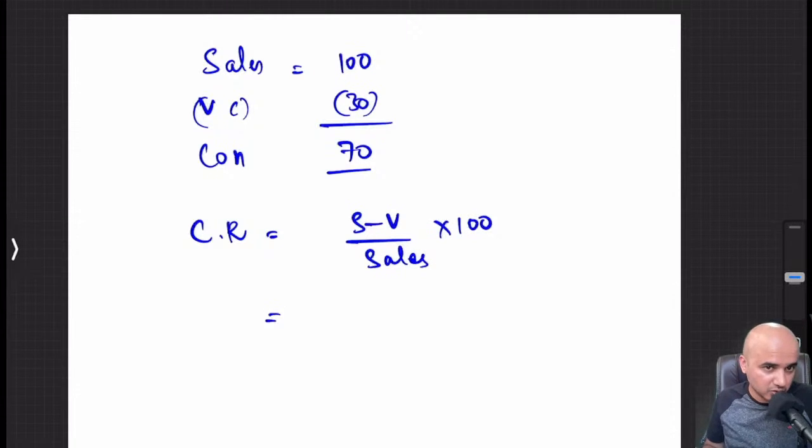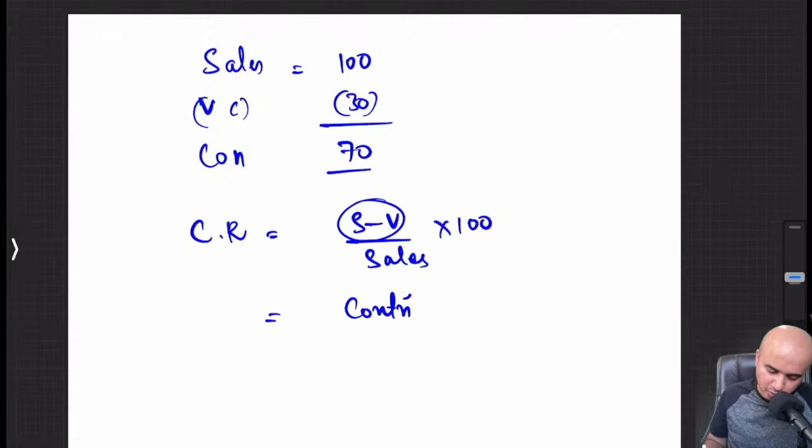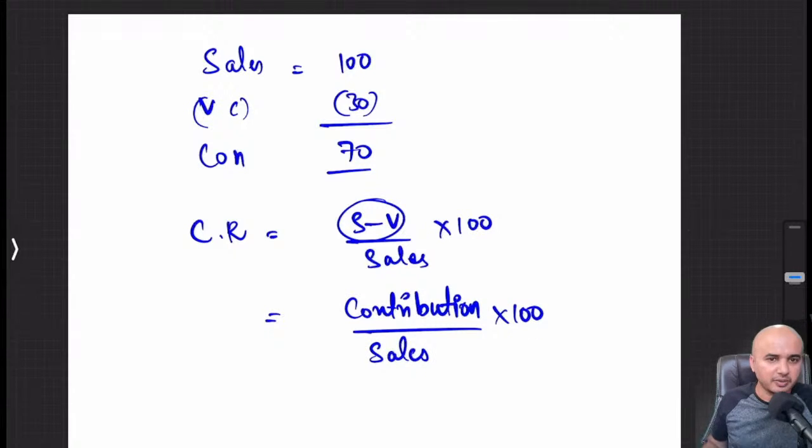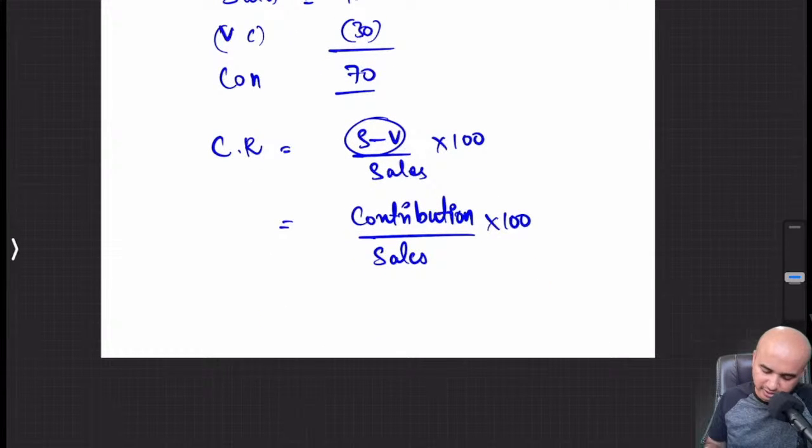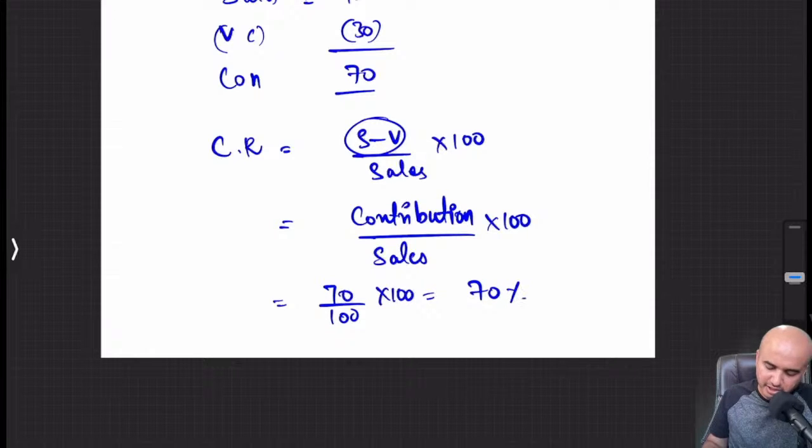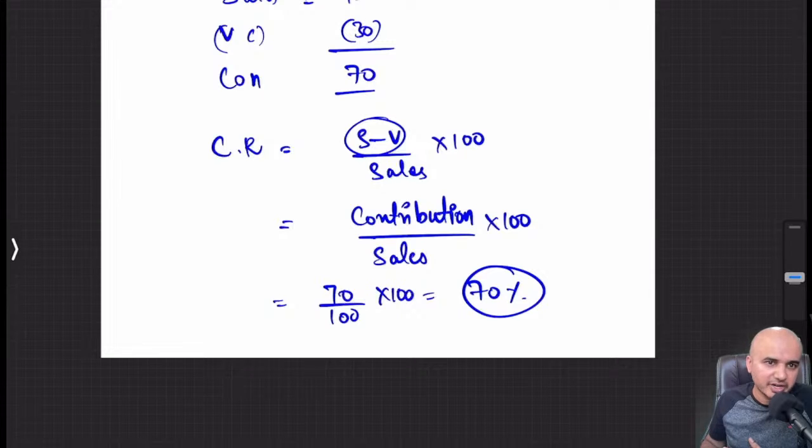Or instead of sales minus variable cost, I can directly write contribution by sales into 100. That is also fine. So if you do the math, you will get the ratio here. Contribution in our case is 70, sales is 100, into 100 will be nothing but 70%. My sales is contributing to the extent of 70% when it comes to contribution.